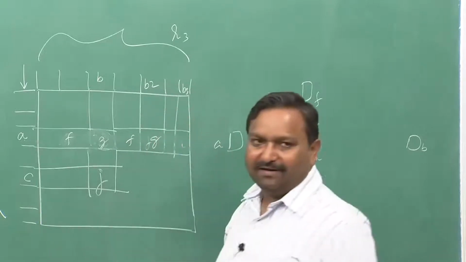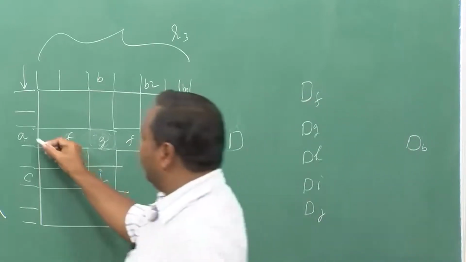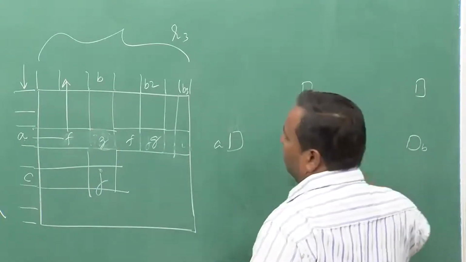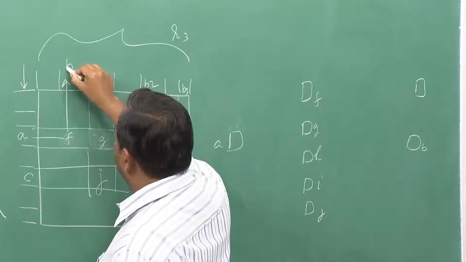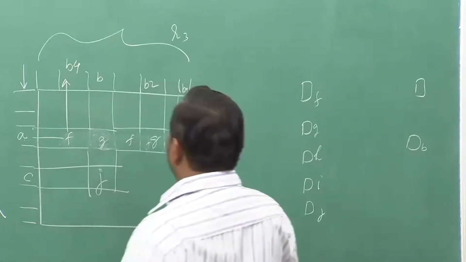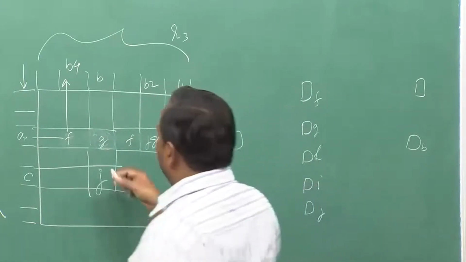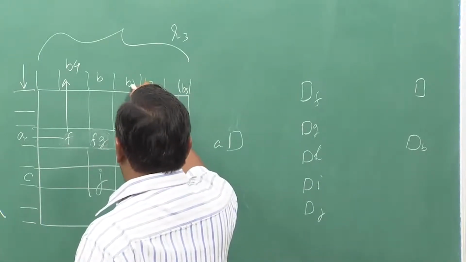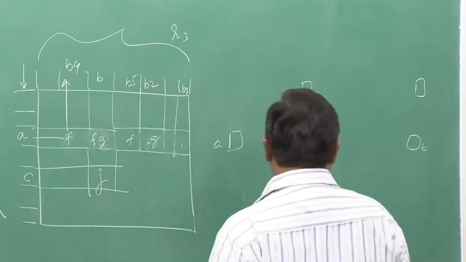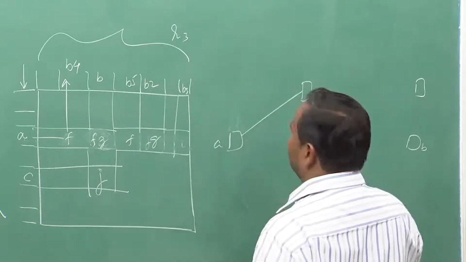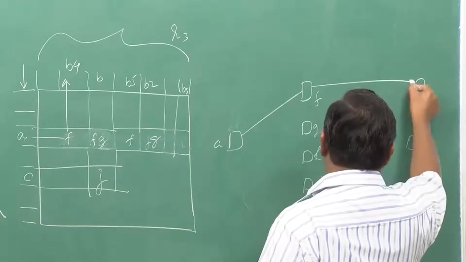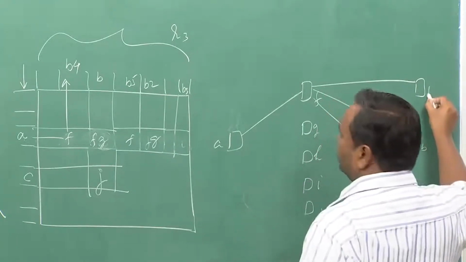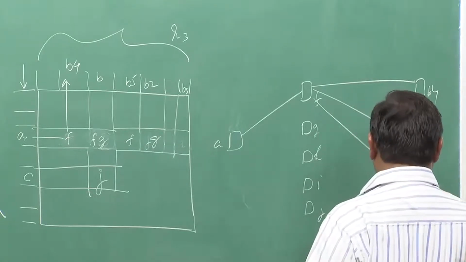What does it mean? I am connecting via F to some switch, which can be B4 here. I am connecting F to B4, and F is also being used for some B5. So F is being connected here, and F is being connected to some other ones. So, this is B4, this is B5.